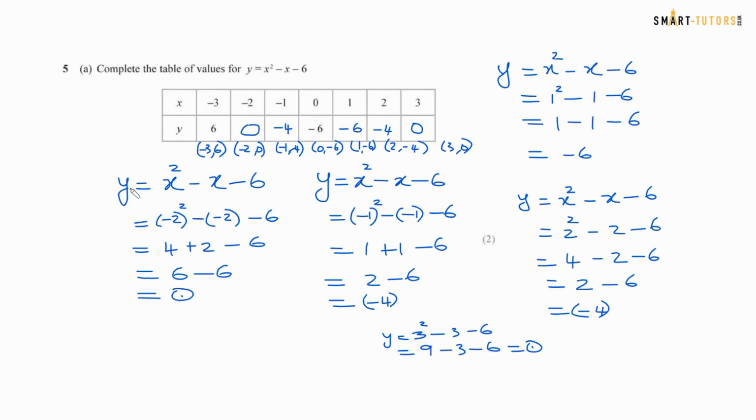I'm just showing the working, but you don't need to show all this working. You only need to do one of the workings, press the calculator and fill up the table. That's the end of question number 5a.